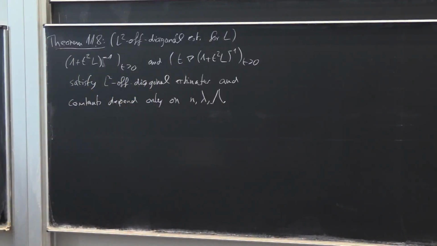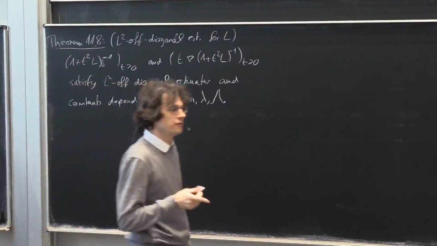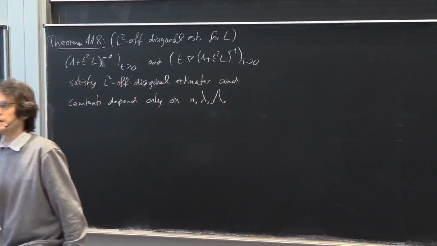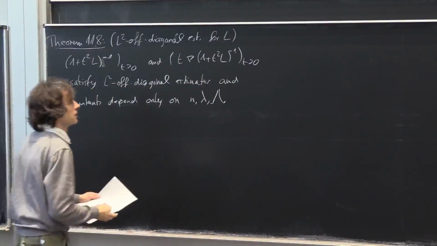So if you have coefficient matrices that have common ellipticity constants, you will get uniform off-diagonal estimates for this class of coefficient functions. This is worth noting.